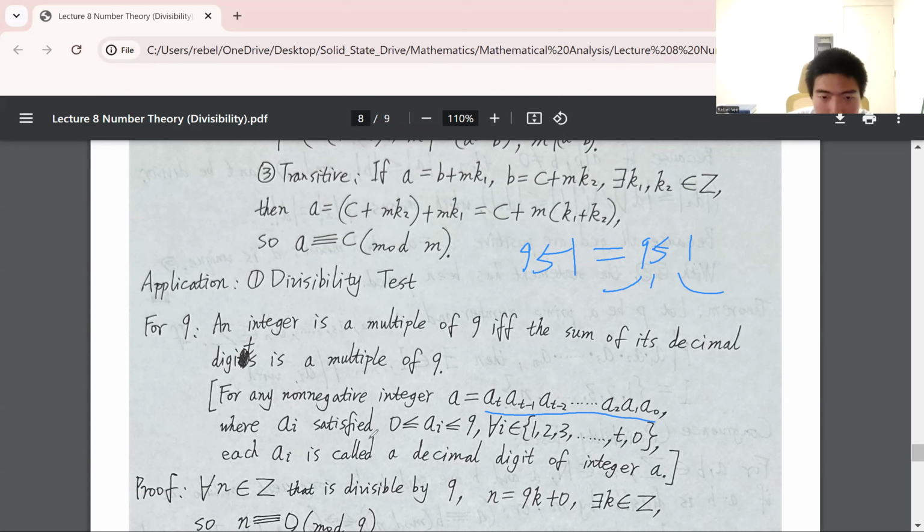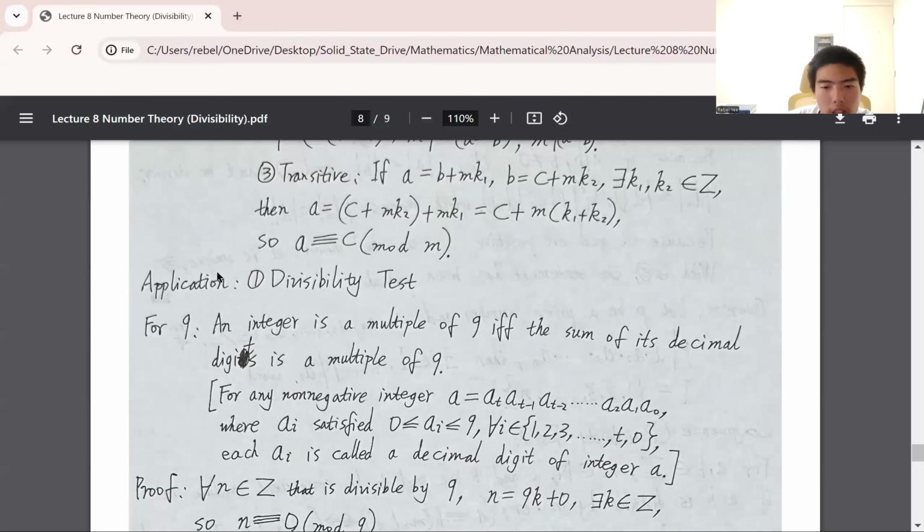So each A_i here is between 0 and 9, and we say A_i is a decimal digit of integer A. You probably heard that for any number divisible by 9, the sum of all these decimal digits is a multiple of 9 too.